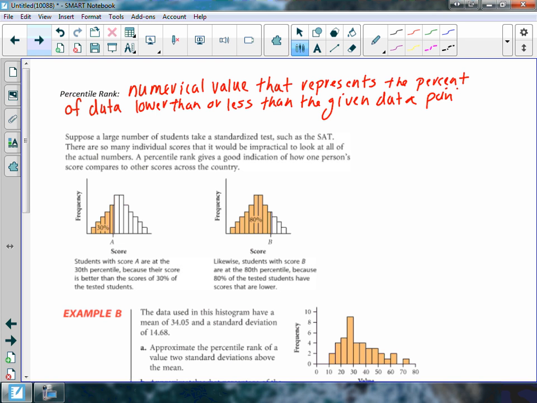Especially when you look at very large amounts of data, you want to be able to compare yourself to all the other data pieces or the other people that are contained within that data set. And so a lot of times when you get your standardized tests back, it'll say that you scored maybe in the 85th percentile. A lot of people think that means that you got a B on, for instance, the SAT.